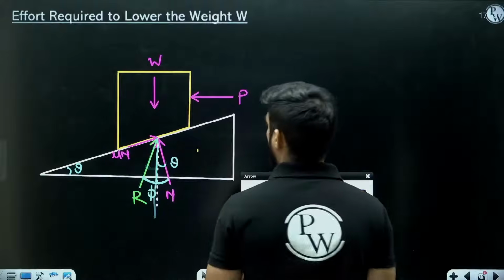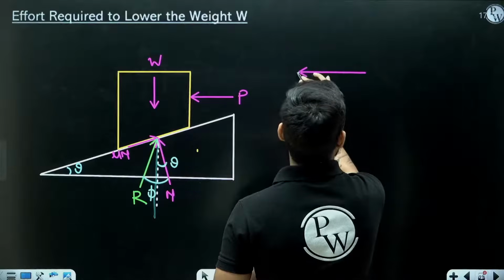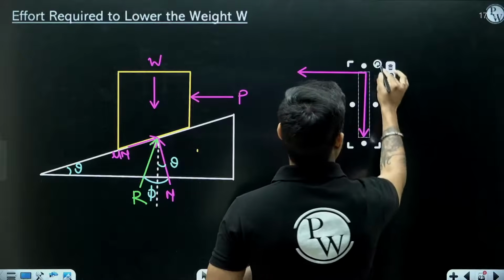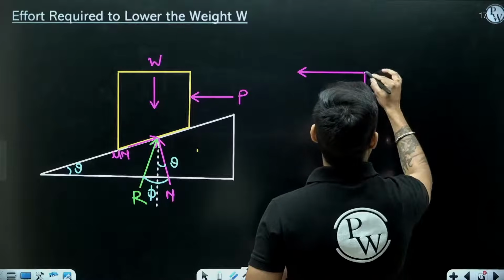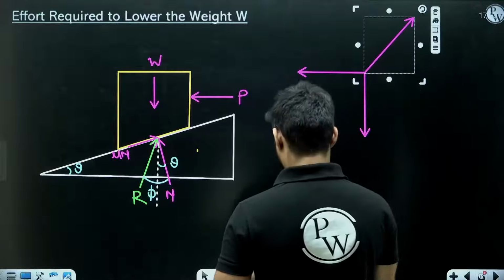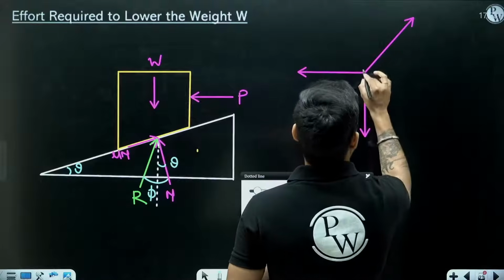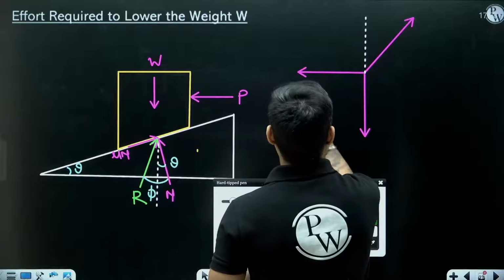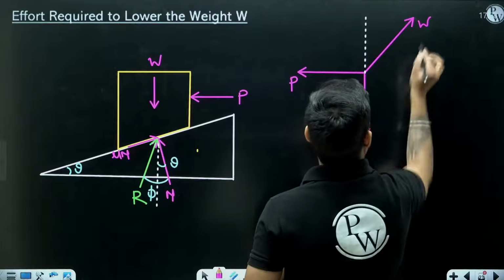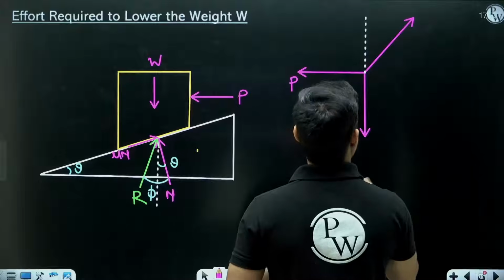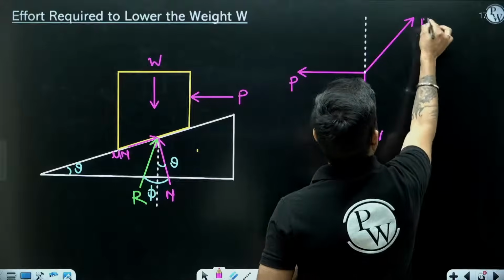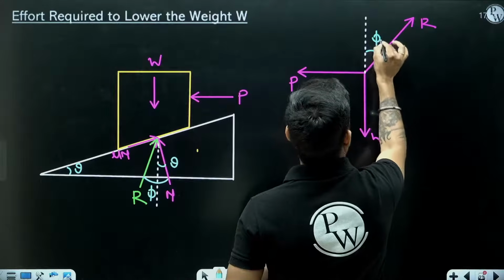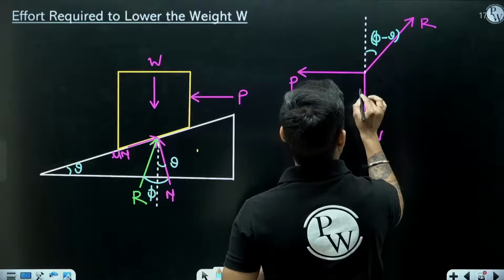So if I draw the diagram, in this case, this is P, this is W, and this is the resultant, and this is the vertical. This is the angle phi minus theta.